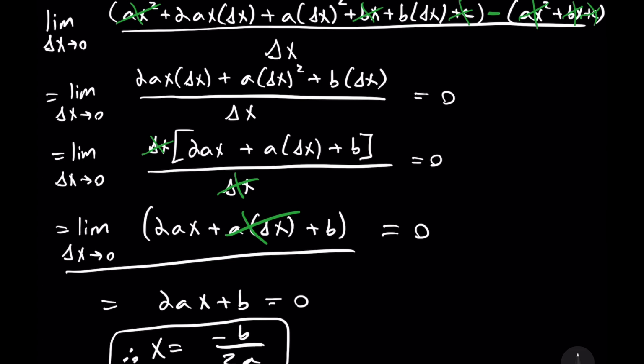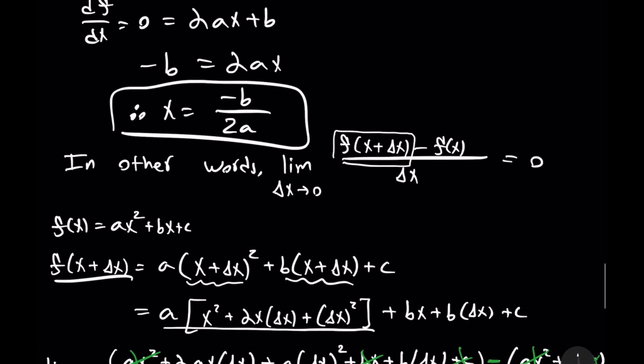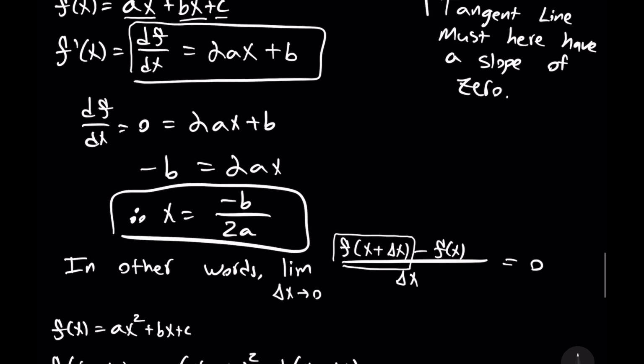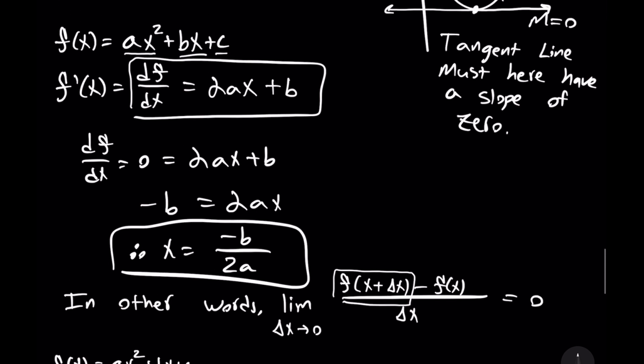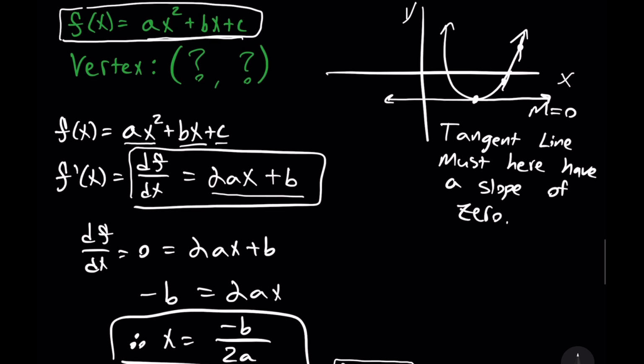We can do the limit if we want to go through a limit process, or just apply the quick and fast rules of differentiation to just find the derivative here of that ax squared plus bx plus c to derive this 2ax plus b, set it equal to 0, and boom, we are done.